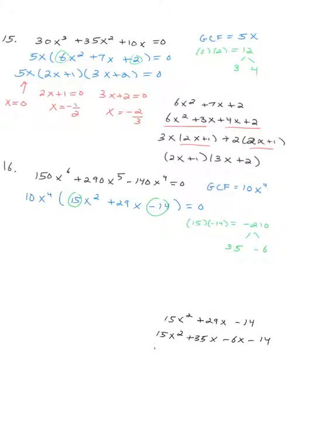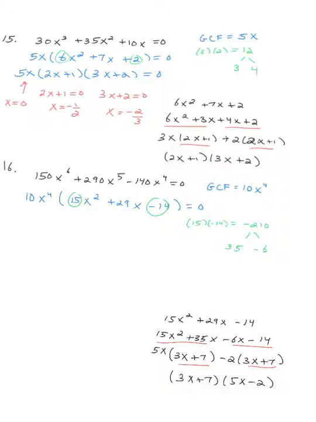Okay, my greatest common factor is going to be a 5x from the first two terms, which gives me 3x plus 7. And if I take out negative 2, I also get 3x plus 7. This is great because 3x plus 7 is the same in both parts. If I remove it, I'm left with 5x minus 2.